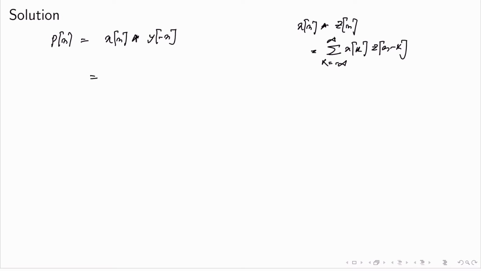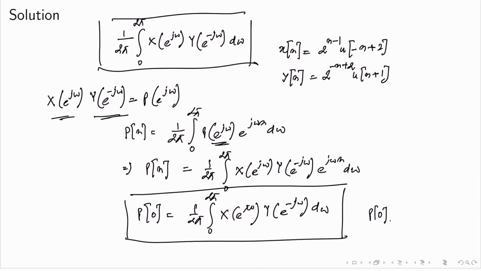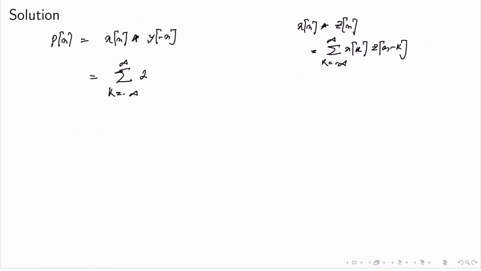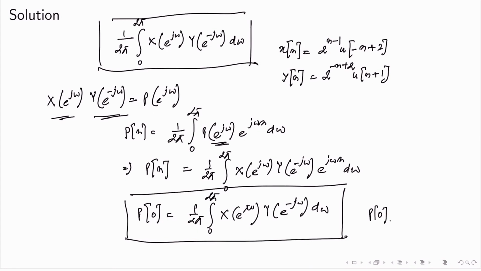X of n will be the summation over k from minus infinity to infinity of x of k, which is 2 to the power k minus 1, u of minus k plus 2. And y of minus n is equal to 2 to the power n plus 2, u of minus n plus 1.